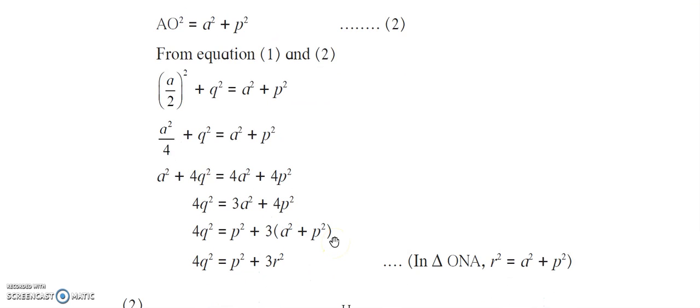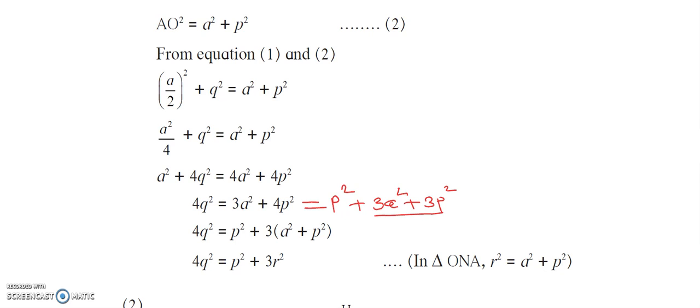Now there is one more thing: this is 4p square. Therefore, p square plus 3p square, this can be written like this: 3a square plus 3p square.